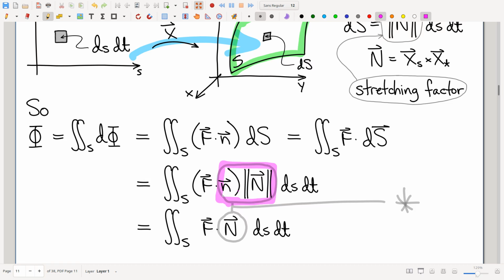This scalar out here is the magnitude of capital N. Capital N is also perpendicular to the surface, so isn't that the same direction as little n? And now multiplying by the magnitude, doesn't this make it have the same magnitude? Isn't this just a fancy way of saying a vector that's in the same direction as capital N with the same magnitude as capital N? Looks like a duck, quacks like a duck. This is capital N.